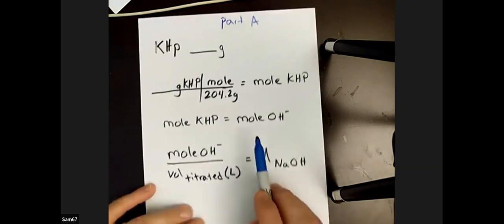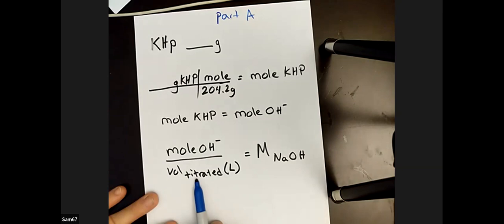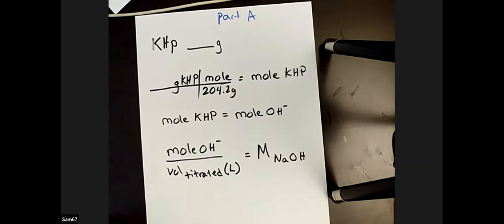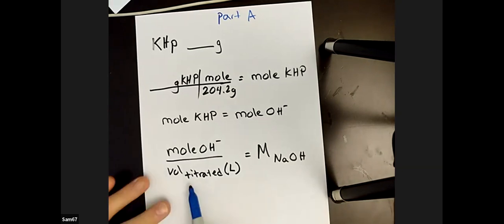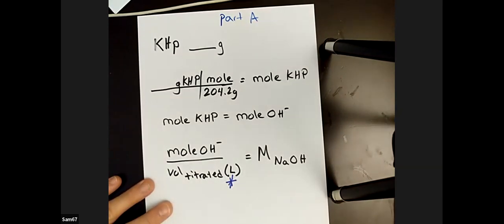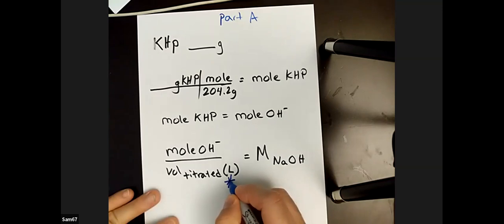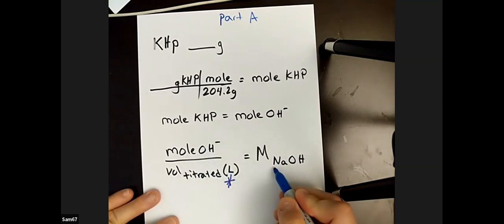Okay, so if we know then the moles of the hydroxide, the only thing we really need to know is how much volume it took to turn pink. This is your titrated volume, but you have to put it in liters. The burette reads in milliliters, so you have to convert your titrated volume to liters, and then moles divided by liters is molarity.